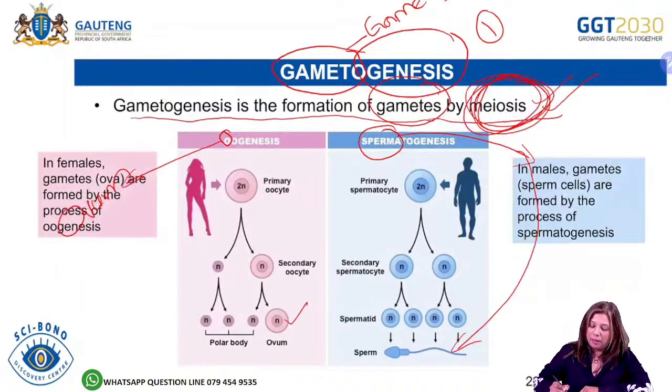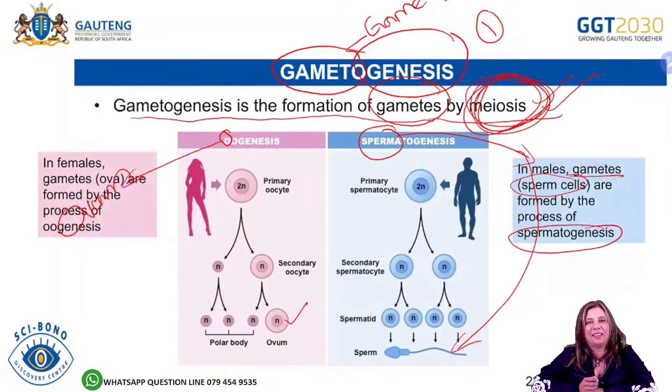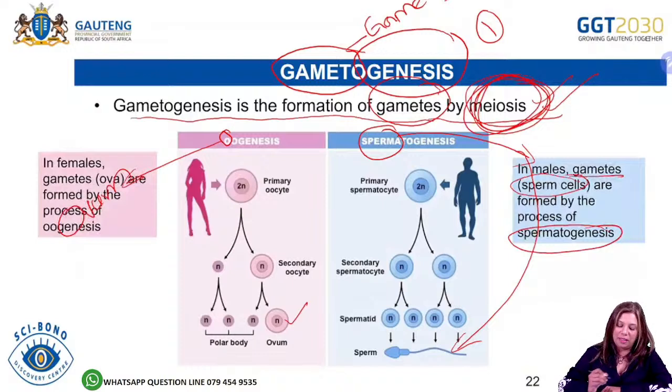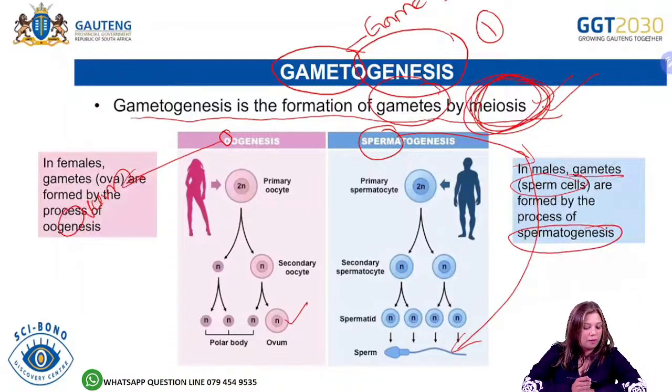Here is a summary of what we've just spoken about. In males, the gametes or sperm cells are formed by the process of spermatogenesis, and in females, the gametes or ova are formed by the process of oogenesis. Now, in previous exam papers, learners have been confusing the process.